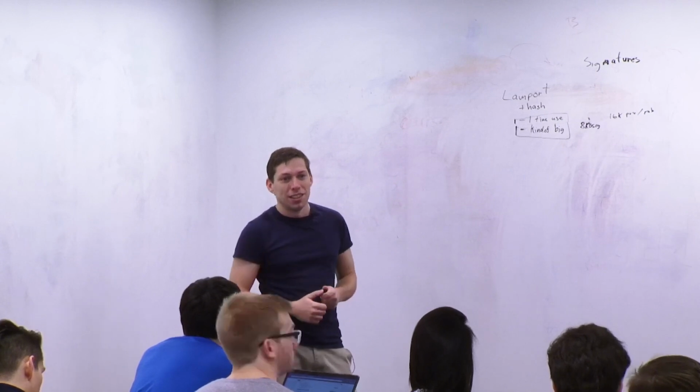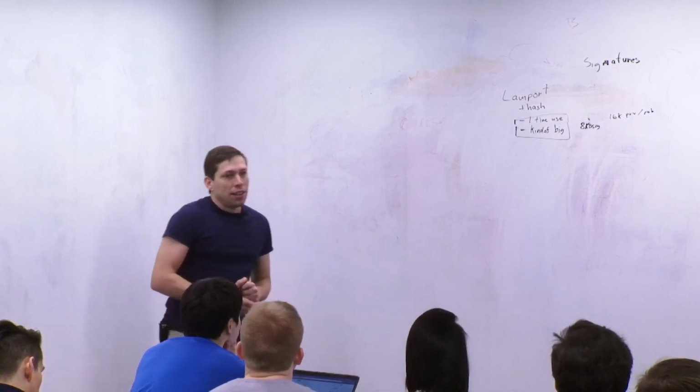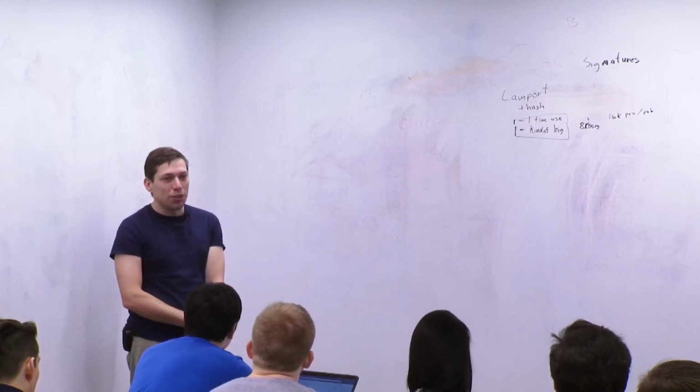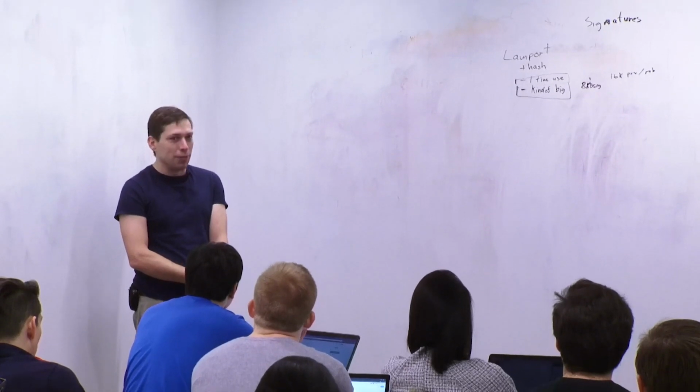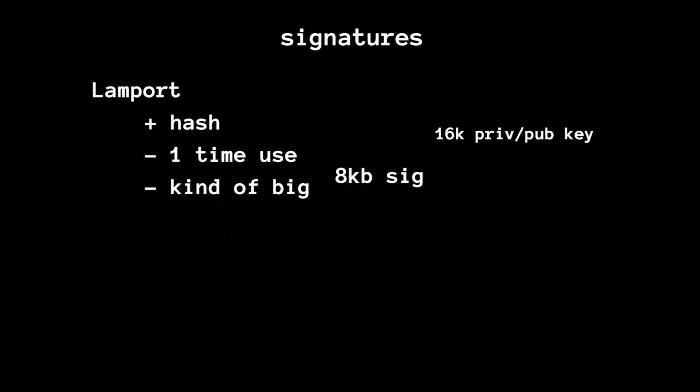Not actually revealing pieces of your private key, instead reveal something else. There's probably some clever way, but that might be too clever. Something really simple for, okay, I can only use a key once. How can I use a key, quote unquote, more than once? Yeah, you make another key.